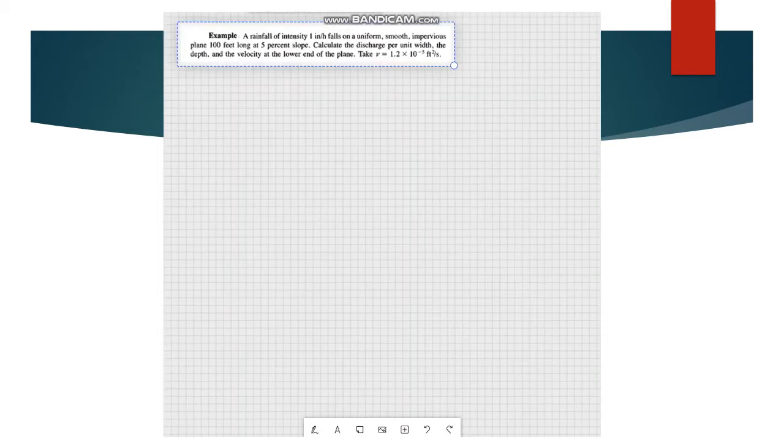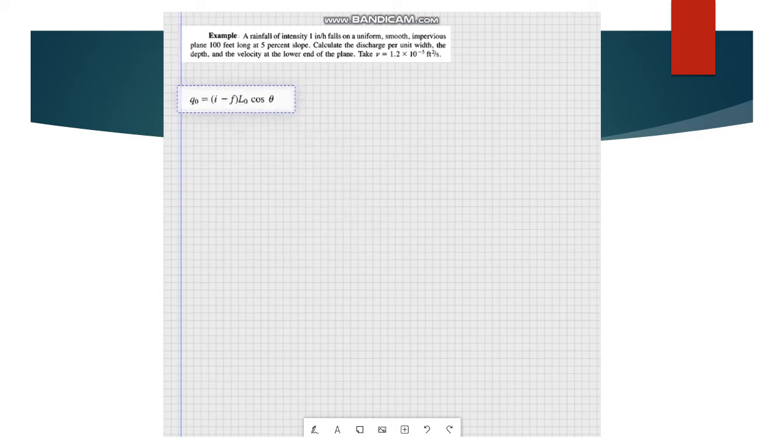In order to calculate the discharge per unit width, we have the formula q0 = (I minus f) L0 cosine theta. We know that f, the infiltration rate, is 0 because the surface is impervious, and I is 1 inch per hour, and L0 is 100 feet long.